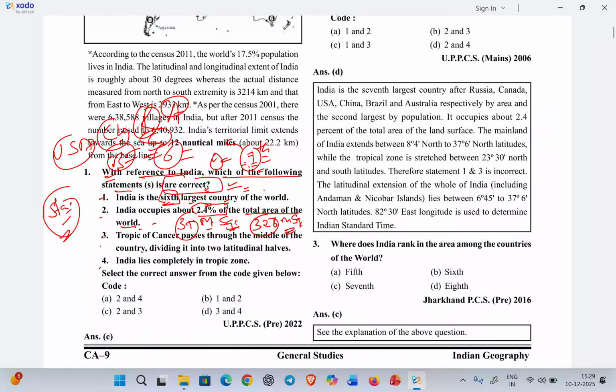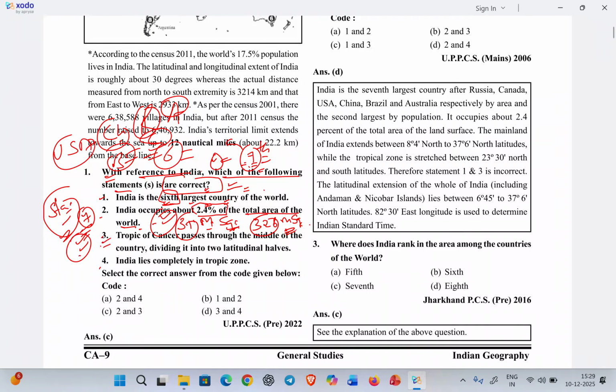So this point is saying this 3.28 million square kilometers is 2.4 percent of the total area of the world, and this is a correct statement. With this area, India is the seventh largest country in the world, and India is also a subcontinent, right?